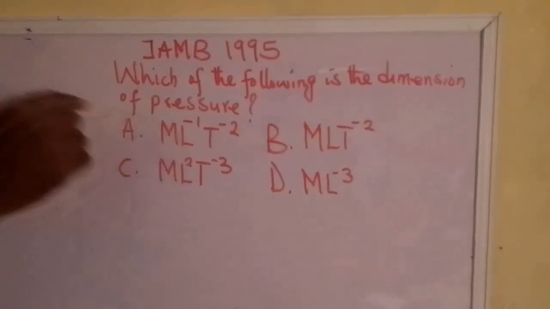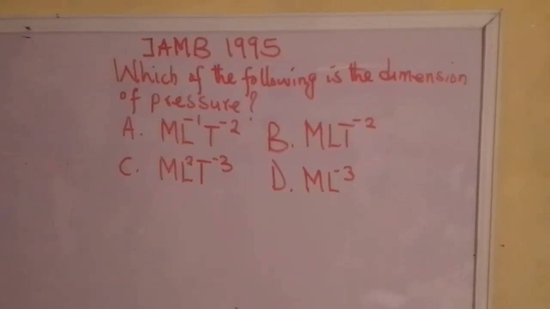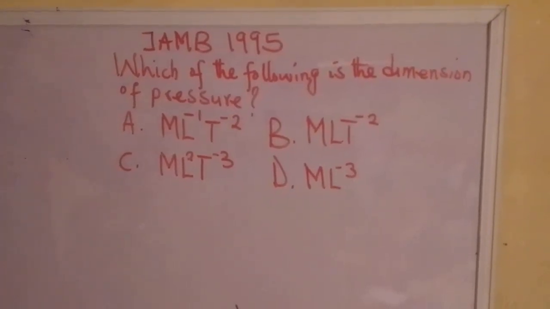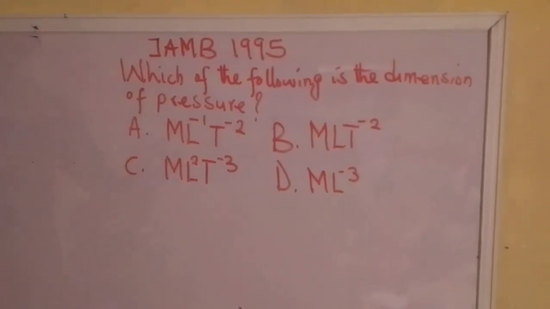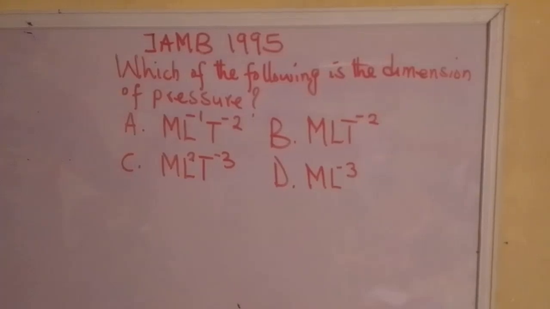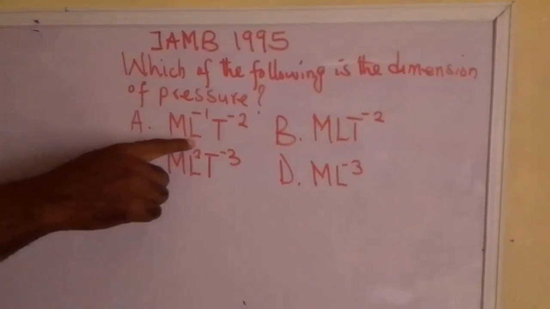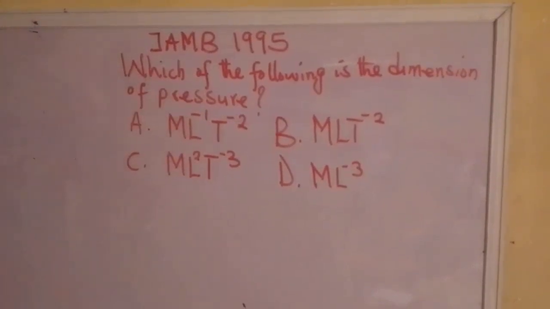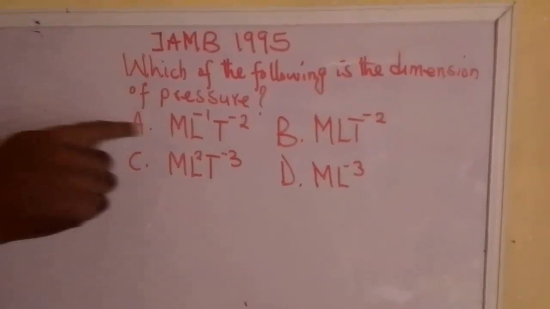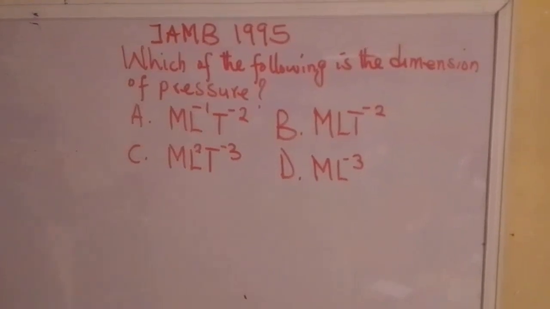Capital L represents length or distance. It could be breadth, height, displacement, distance, radius, or diameter. Any distance is represented as capital L under dimension. Any time you are dealing with time, you represent it with capital T. And that makes it easy.